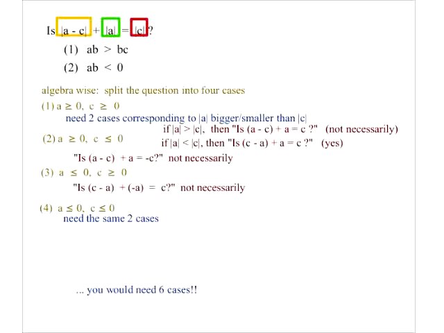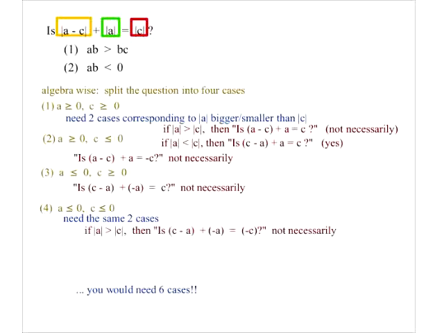And then here again, if absolute value A is bigger, and these are negative, then that means C minus A plus negative A equals negative C. That's not necessarily.